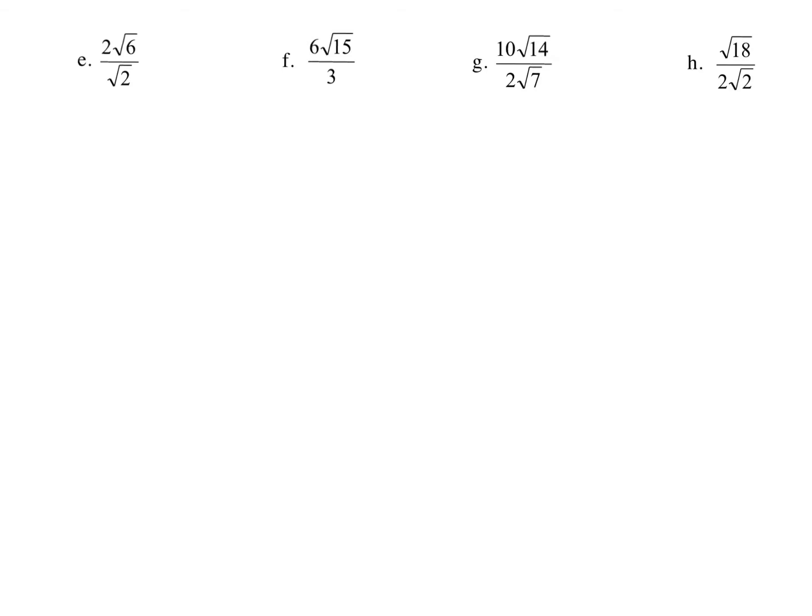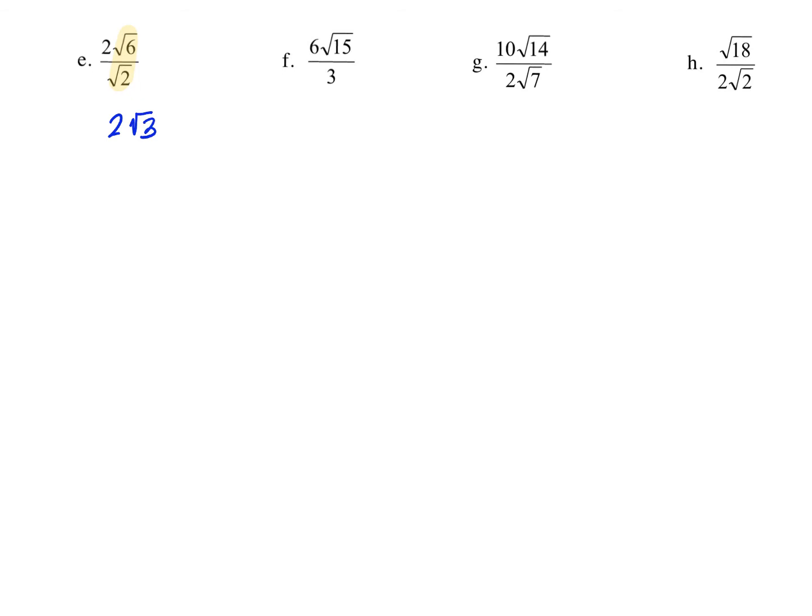So if you look at letter E, we have the square root of 6 and the square root of 2. So the square root of 6 divided by the square root of 2 is going to be the square root of 3. So we have 2 root 3.